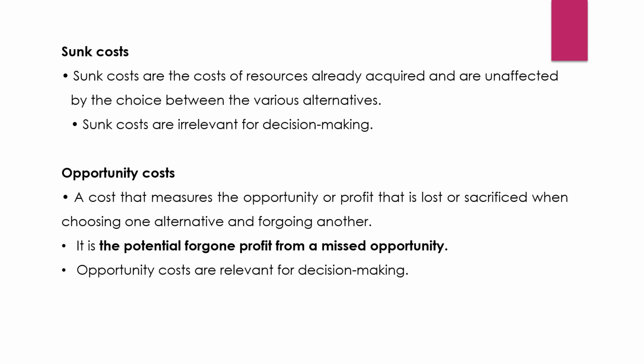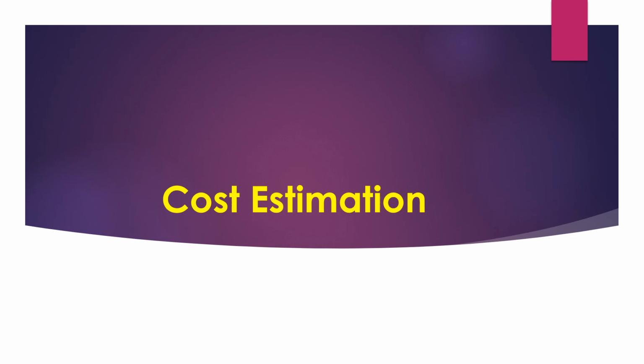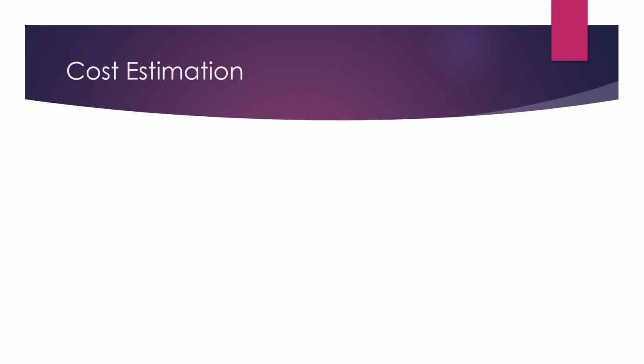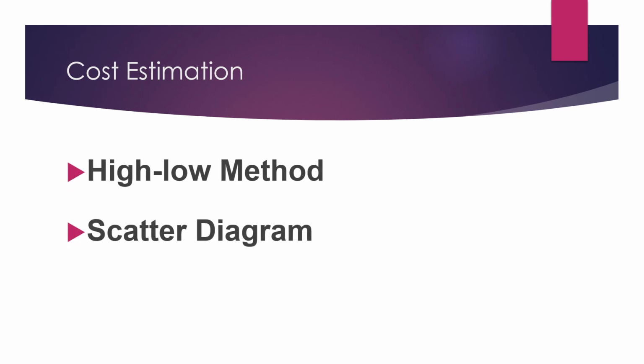Opportunity cost is relevant for decision making. Now let's see how we are going to estimate the cost. Cost can be estimated by using either one of these methods: high-low method, scatter diagram, or regression.